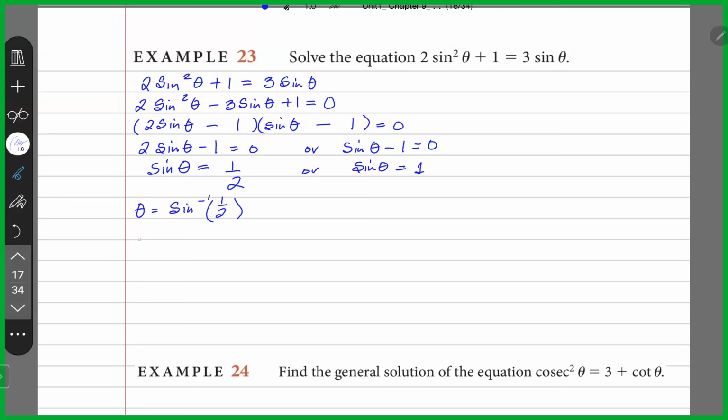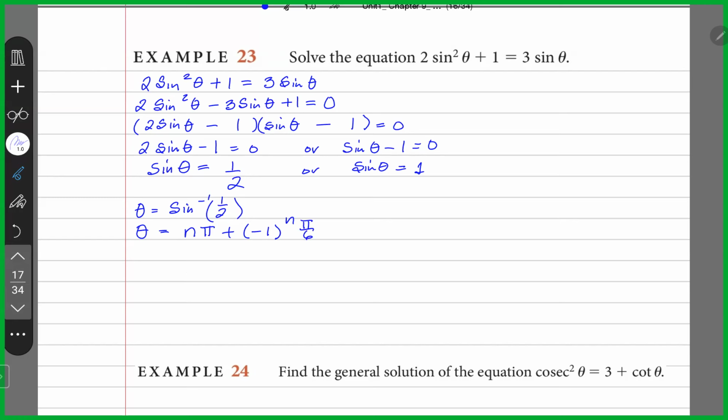So my solution is theta is equal to n pi plus minus 1 raised to the power n, 30 degrees, which would be pi by 6.